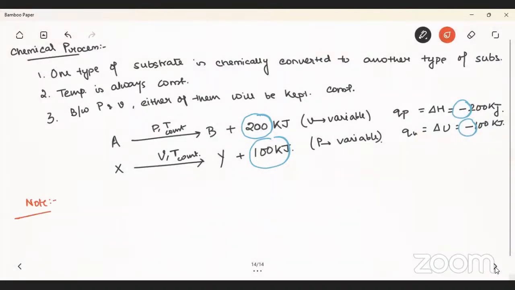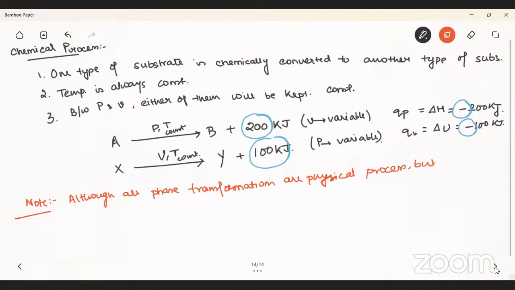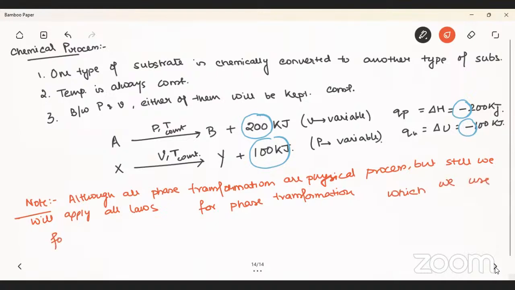I just told you that vaporization and melting are all physical processes. So although all phase transformations are physical processes, we will still apply all laws for phase transformation which we use for chemical reactions.